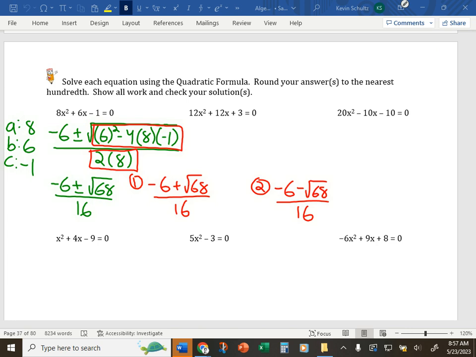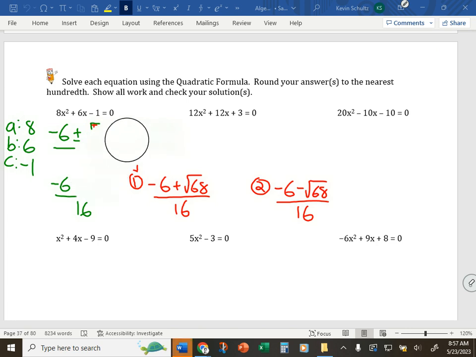I'm going to erase this and do it up here. You're going to open with a set of parentheses. This set of parentheses is going to represent your numerator.